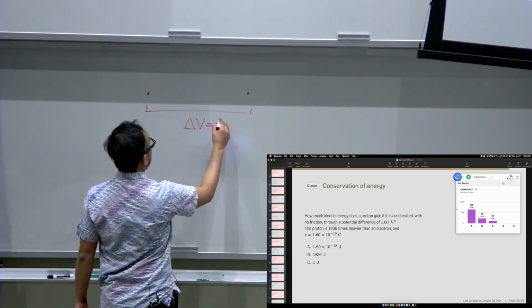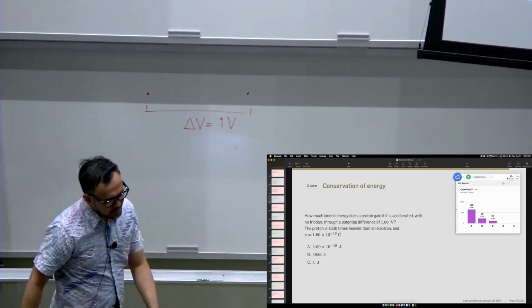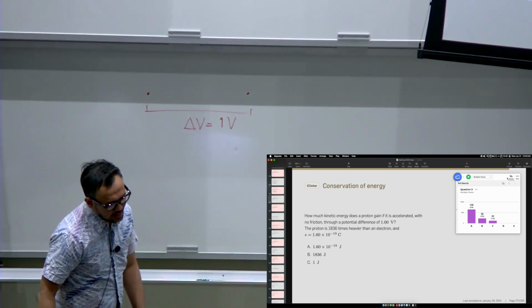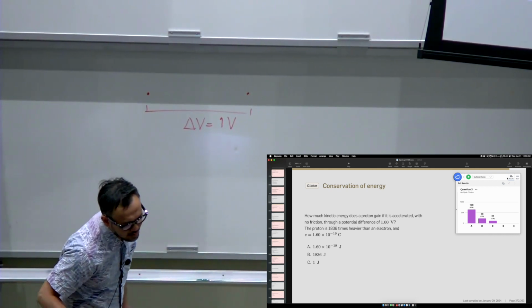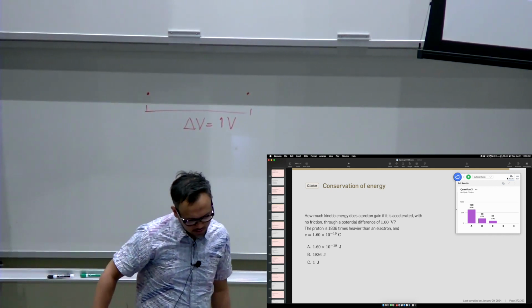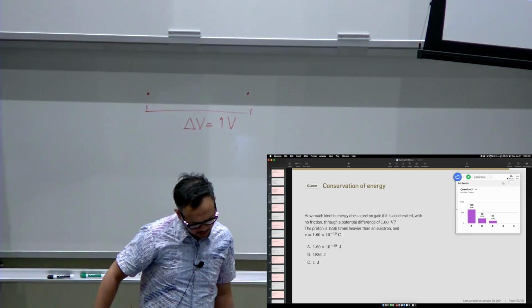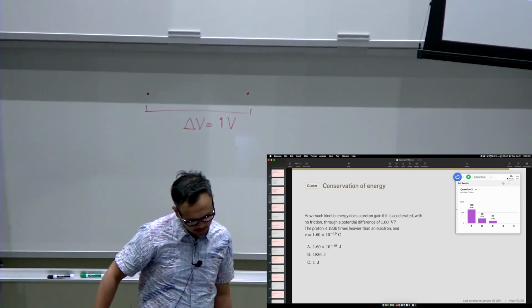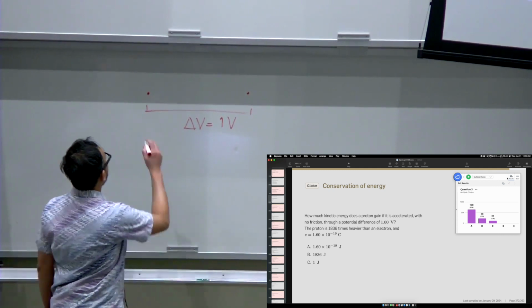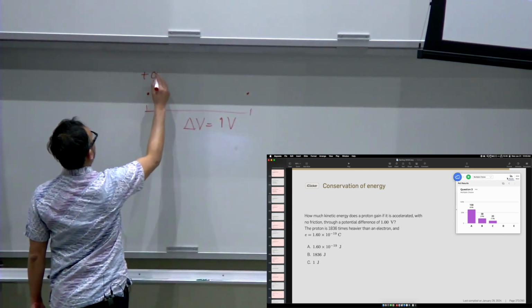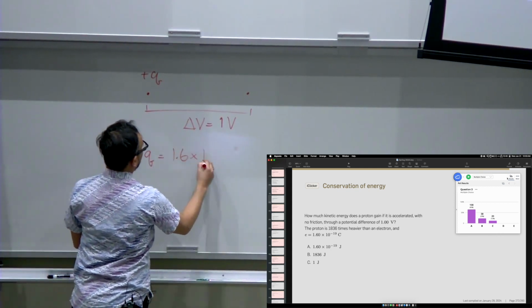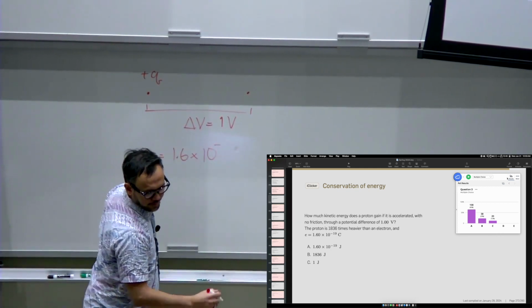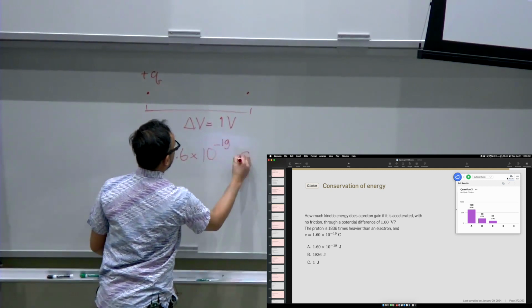And then there is an electron or proton. Proton, yeah. So basically plus Q. And then Q for 1 proton is 1.6 times 10 to the minus 19 coulomb. Okay.